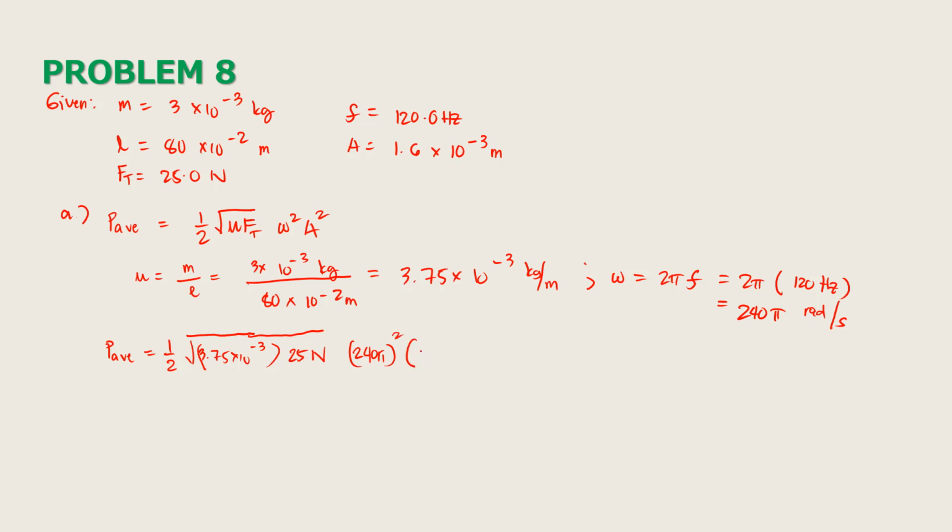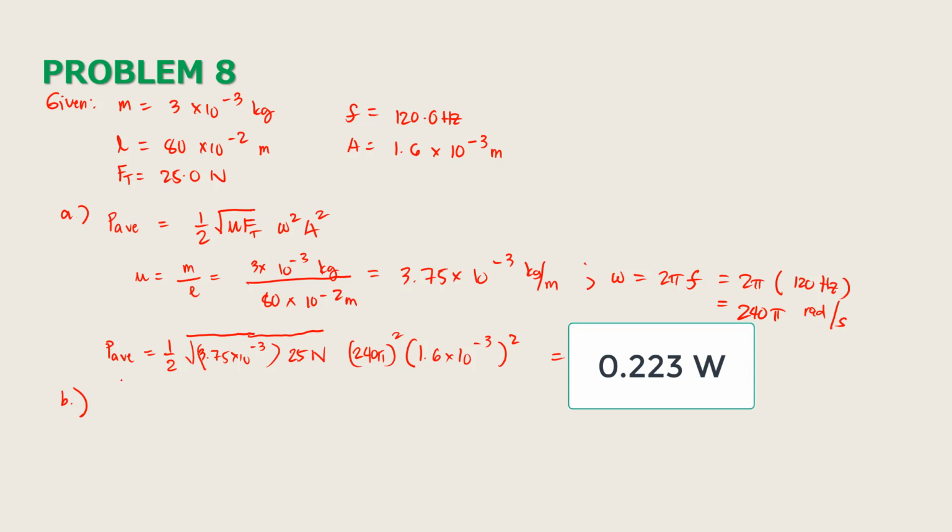And then we have the amplitude, which is 1.6 times 10 to the minus 3 meters squared. So we have P average is equal to 0.223 watt.